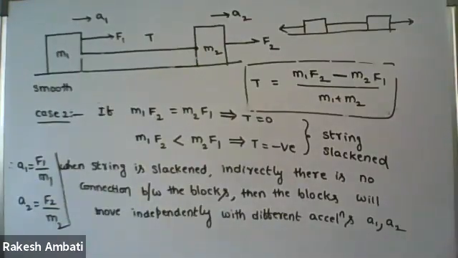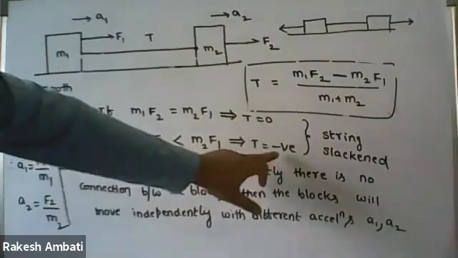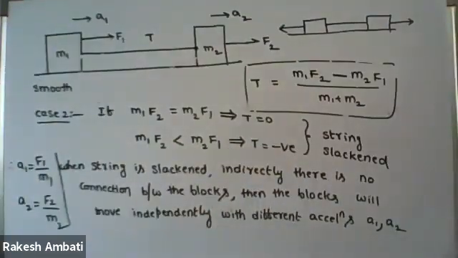We can say that as the string slackens a little from being taut, the tension force keeps decreasing, and at a point it becomes 0. So what do you understand by negative tension force? Tension force is decreasing.